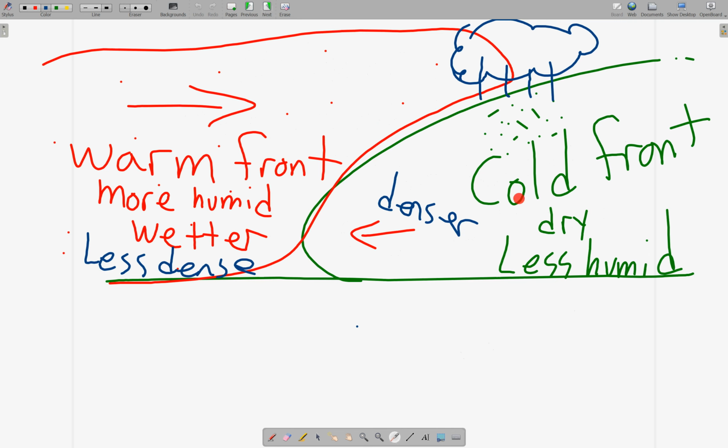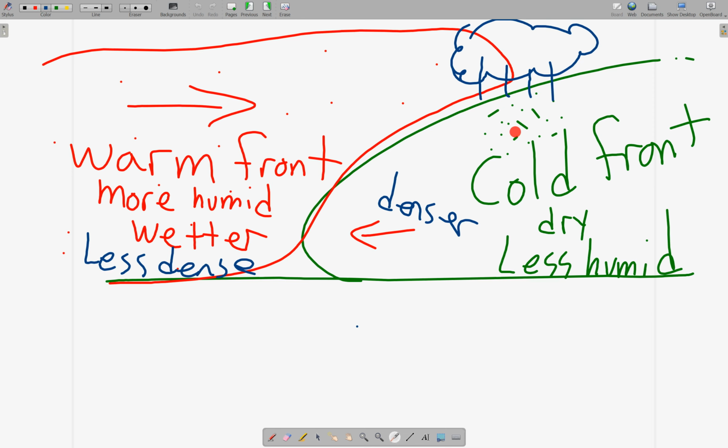All right, if we have a cold front, cold fronts are drier air, they're less humid, and they tend to be denser because the air molecules are much closer together. Okay, warm fronts, on the other hand, tend to be more humid or wetter. They have more water vapor, and they're less dense. And the reason is the cold air molecules are so close together, there's no room for extra water vapor to be there, so they're drier.